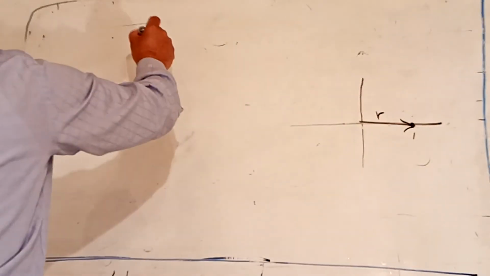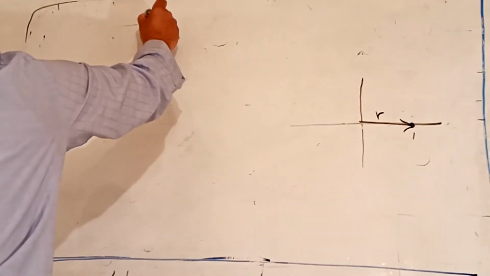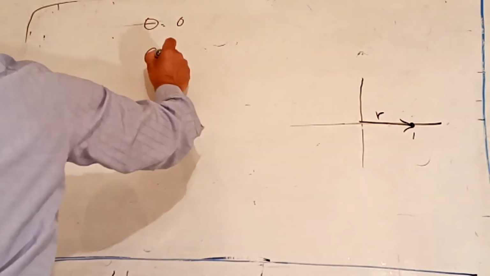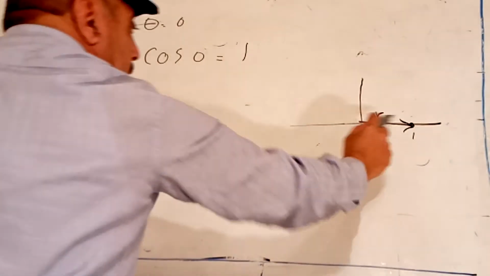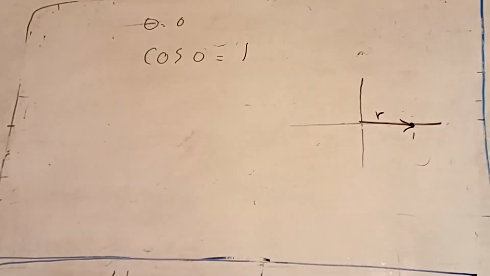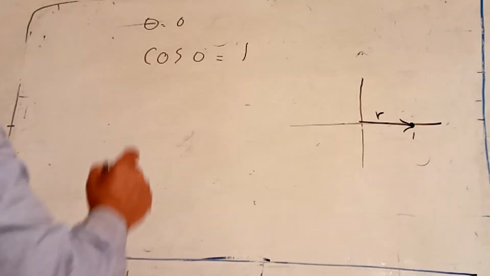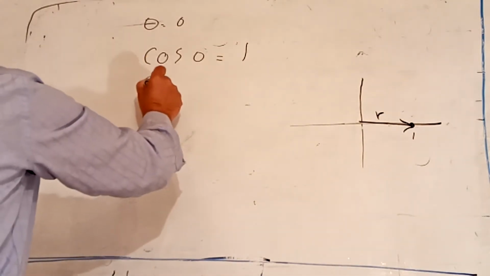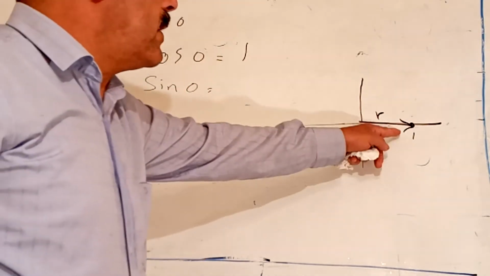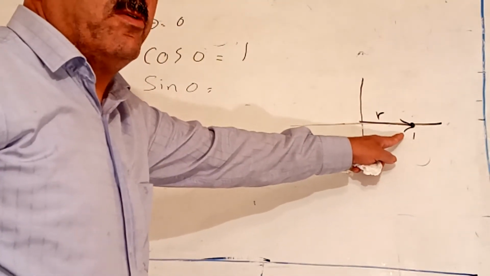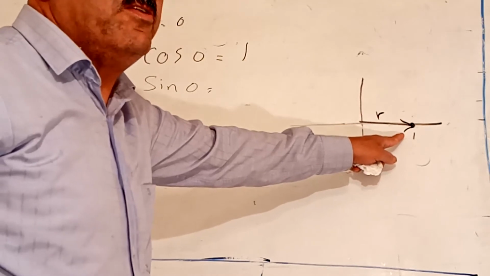So cosine 0 equal to 1. This is the maximum value. And sine 0, you see it here, it's on the x-axis, it has no y value, so sine 0 is equal to 0.